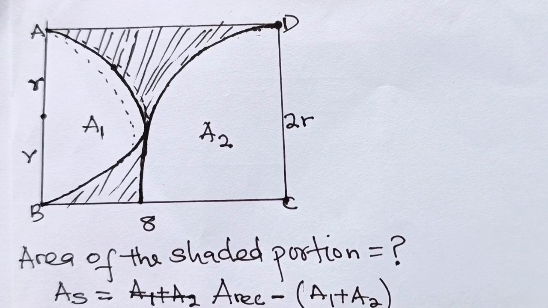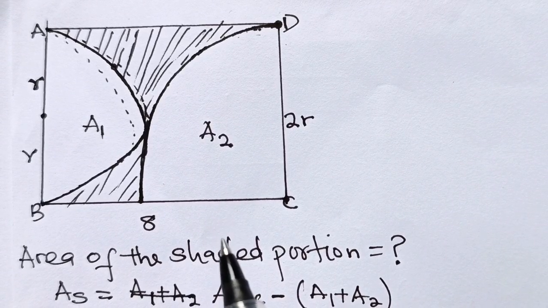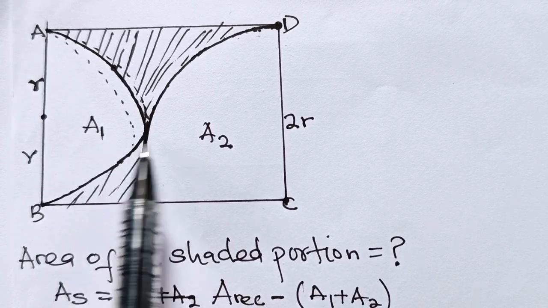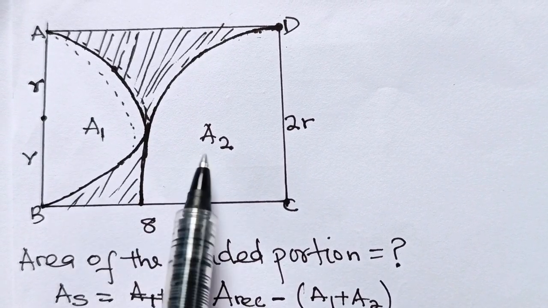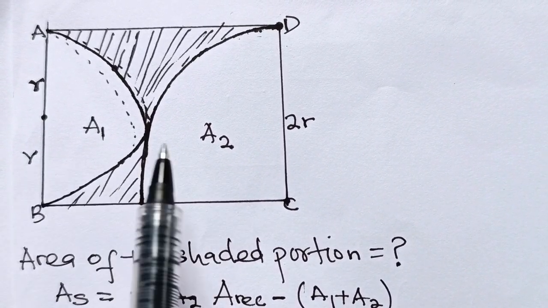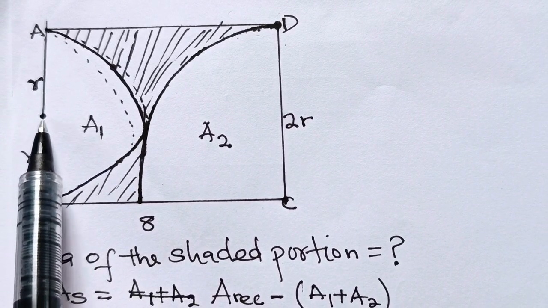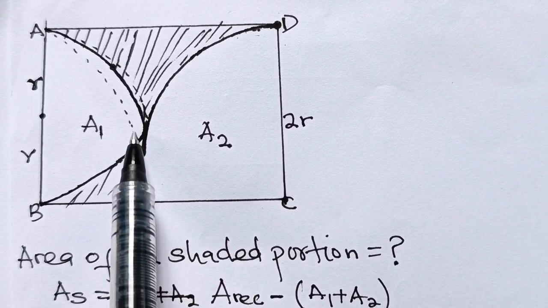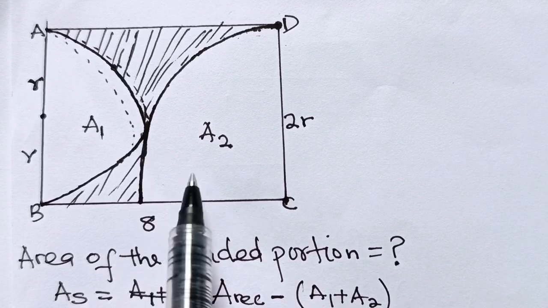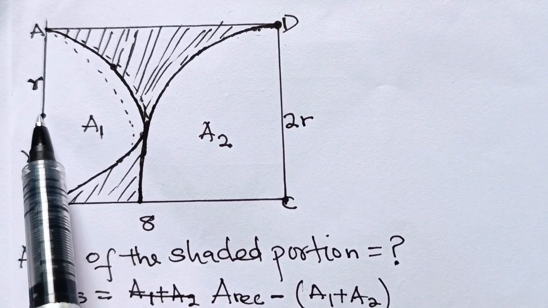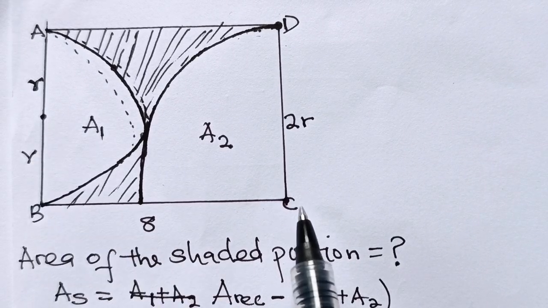Now, remember the theorem that states that when two circles meet each other externally or internally, when you join the centers of these circles and their point of contact, a straight line is formed. Now this is not drawn to scale, but we are going to drop a straight line to join here and here.